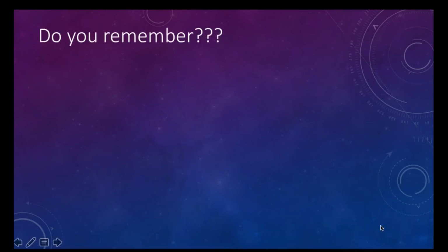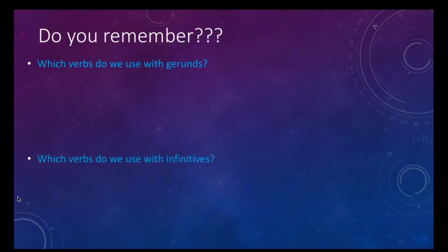Let's see what you remembered. Try not to look at your notebook and only use your memory. Do you remember? Which verbs do we use with gerunds? Which verbs do we use with infinitives? And which verbs do we use with both?